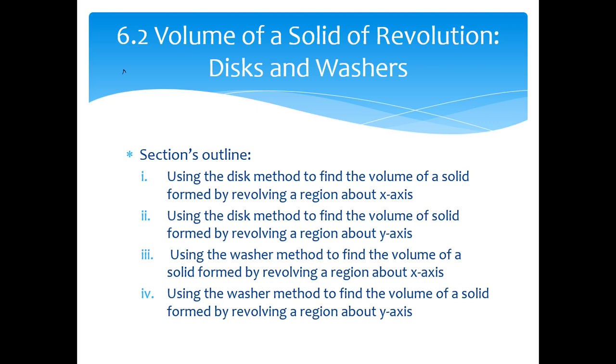We will use the disk method to find the volume of a solid formed by revolving a region about the y-axis, and we will also use the washer method to find the volume of a solid formed by revolving a region about the x-axis. And then finally we will use the washer method to find the volume of a solid formed by revolving about the y-axis.